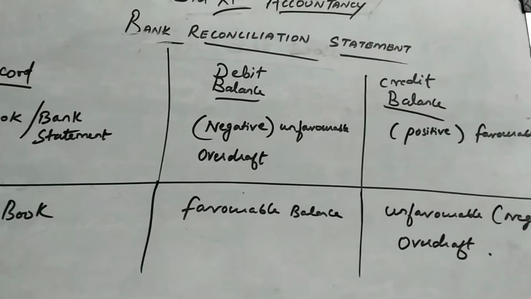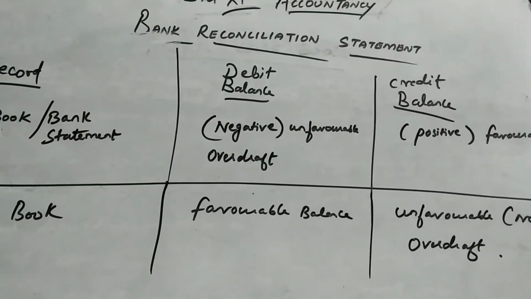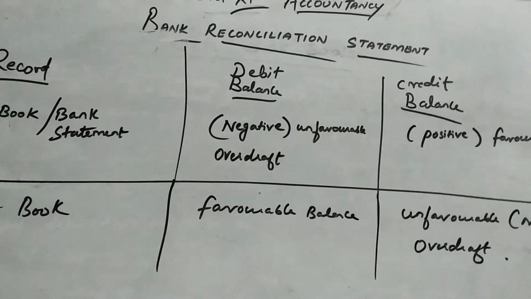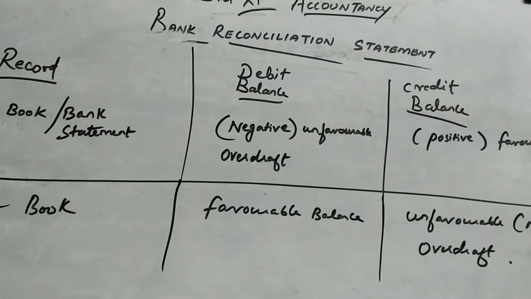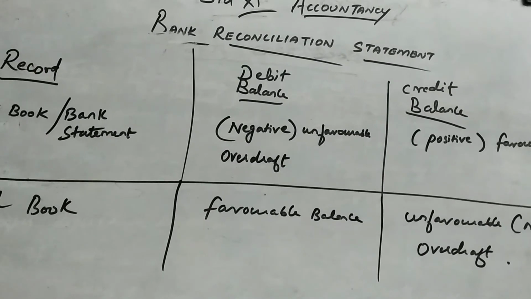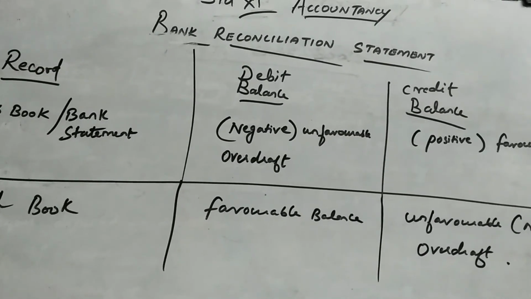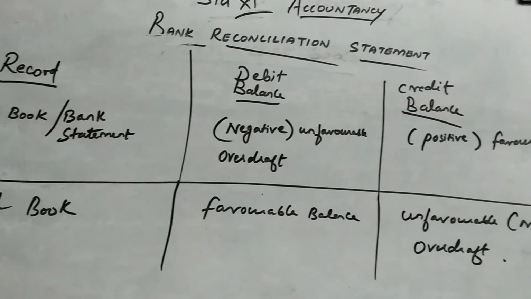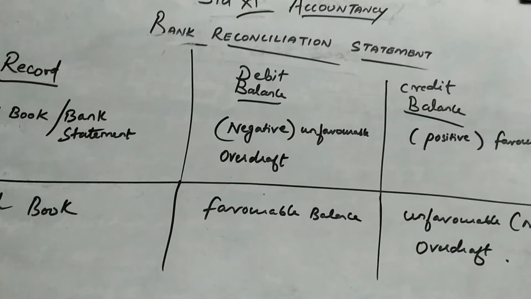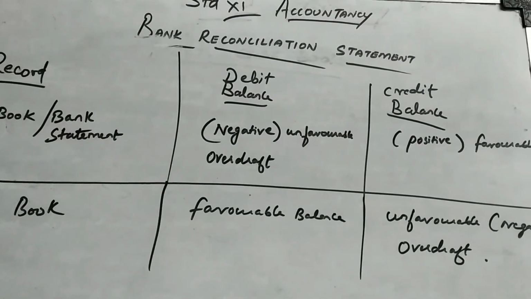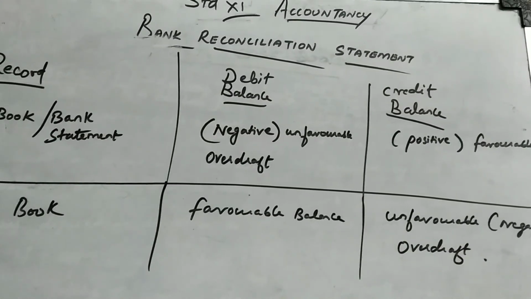Similarly, here in this chapter, we are going to bridge that difference between the cash book and the passbook using a statement called bank reconciliation statement. So who are those two friends now? Passbook and cash book. There are some differences between these two friends, cash book and passbook.